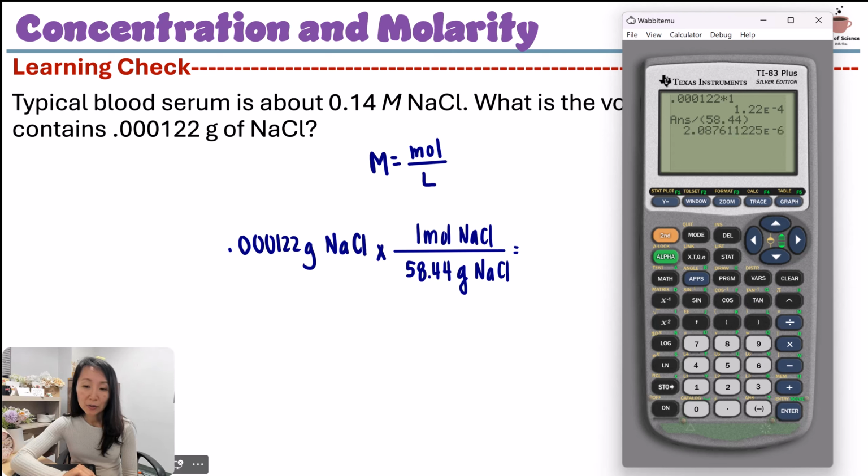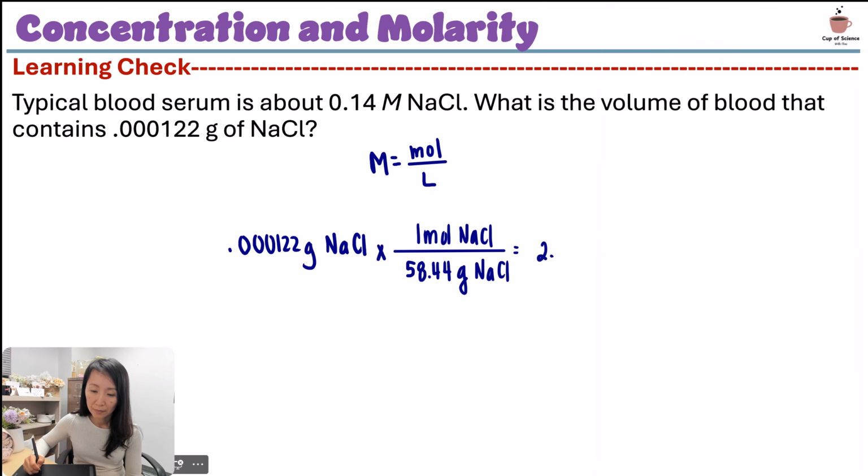And you get 2.09 times 10 to the negative 6, and this is in moles. Since the grams canceled.